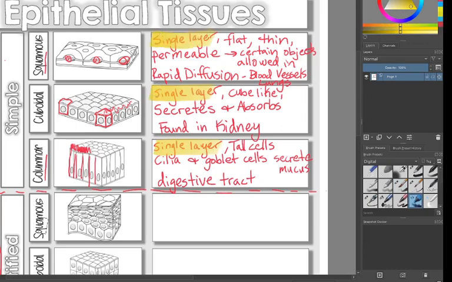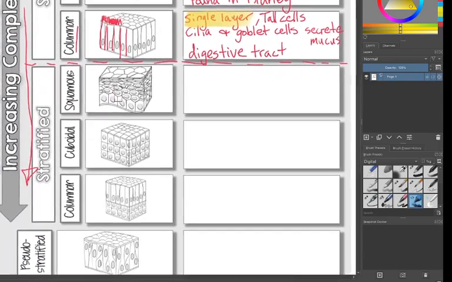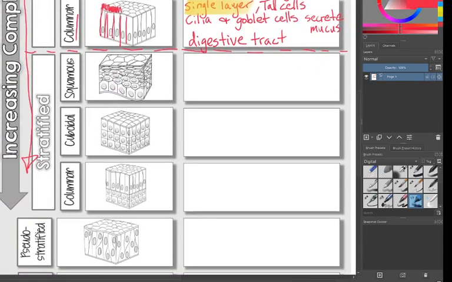When we go to the ones down below, these are going to differ because these are all what's known as stratified tissues. Stratified means that it's going to have 2+ layers, more than one layer. So stratified is 2+ layers.